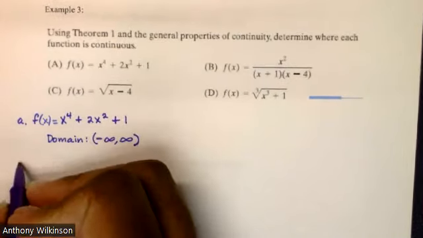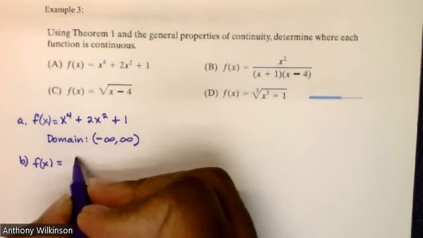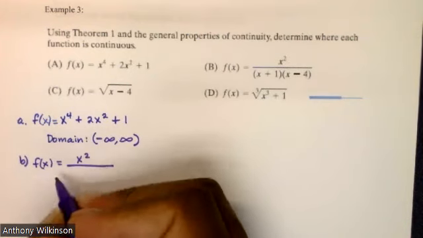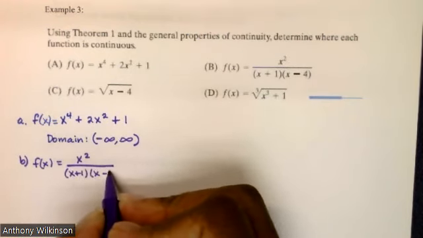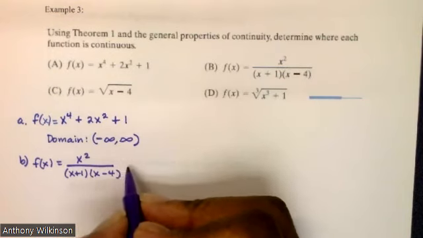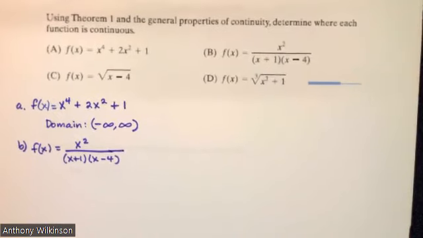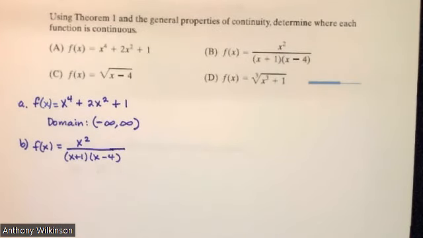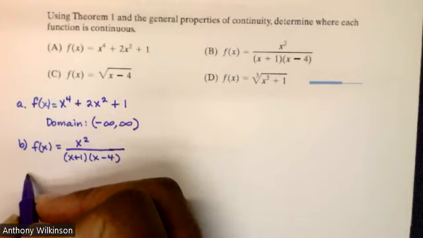All right, part B. Here we got f of x is equal to x squared divided by x plus 1 times x minus 4. Now, in this case here, we do have a rational function because notice we have variables in the denominator. So that means we take what's in the denominator and set it equal to 0.